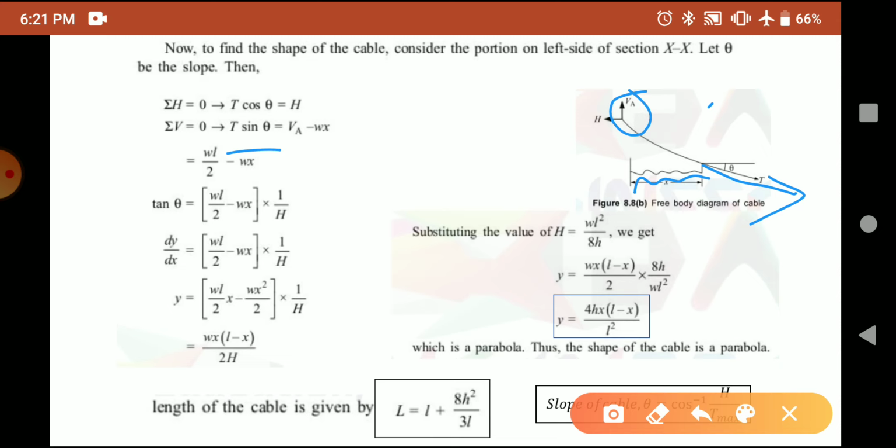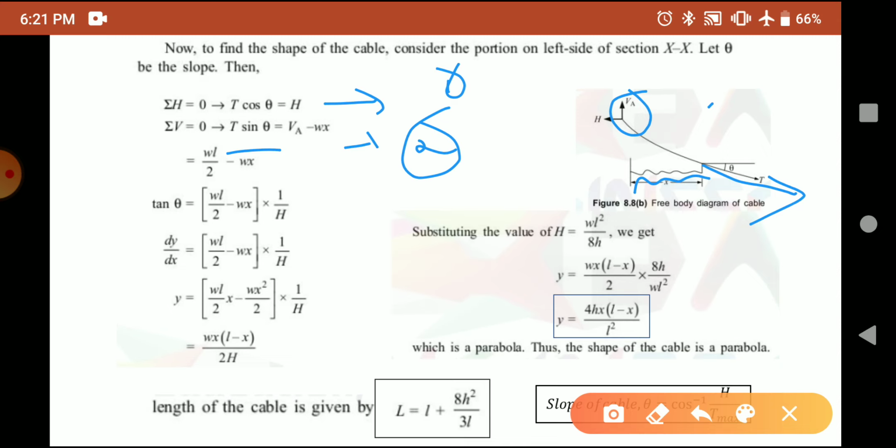The value of VA, we already found it as WL by 2. So WL by 2 minus W into x. If we consider this as our equation 1 and this as our equation number 2, dividing those two equations, we get tan theta is equal to T sin theta divided by T cos theta is equal to VA minus W into x divided by H.